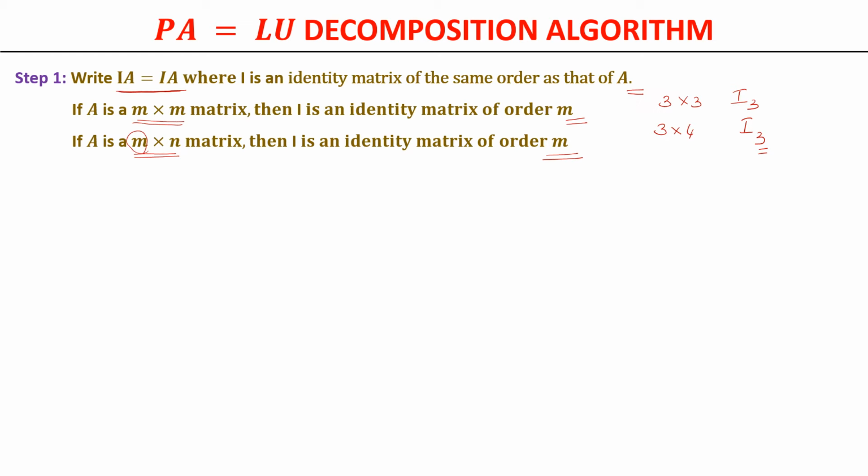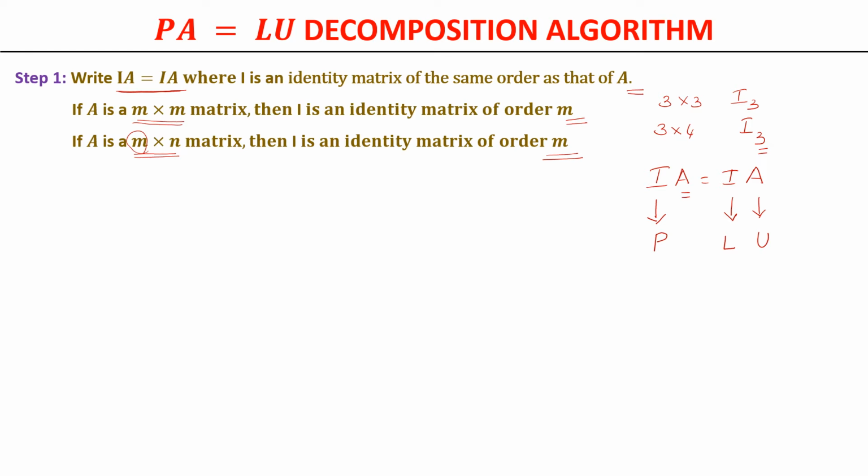That's my first step. So when I write IA equal to IA, my aim is now to reduce the left hand side I to the permutation matrix P, the right hand side I to a lower triangular matrix, and the right hand side A to an upper triangular matrix, keeping this A as it is. So this is my goal, to reduce it into that particular format.